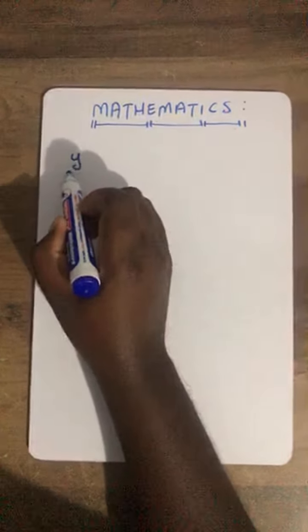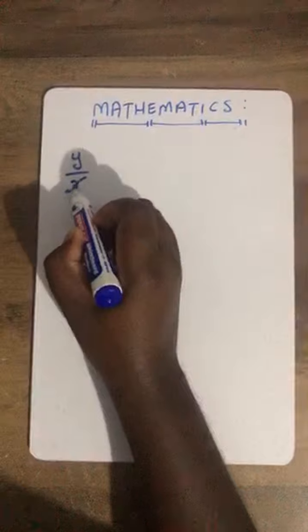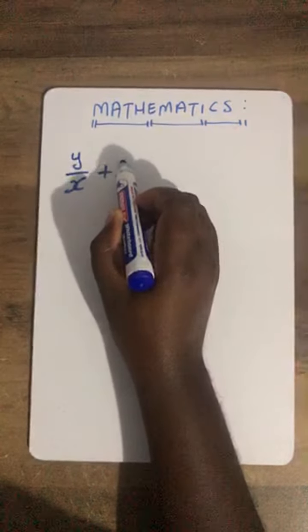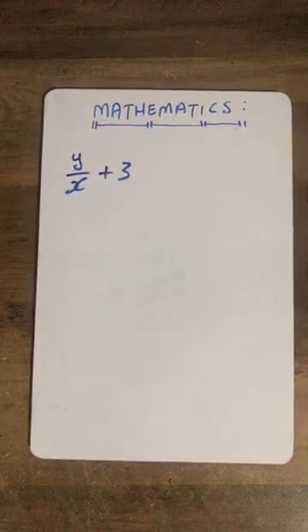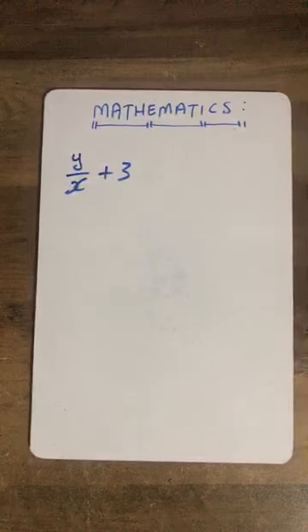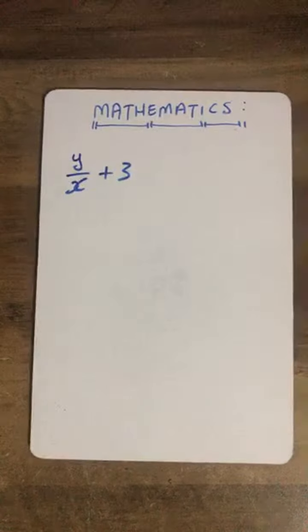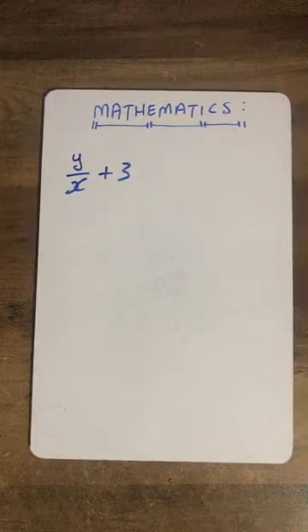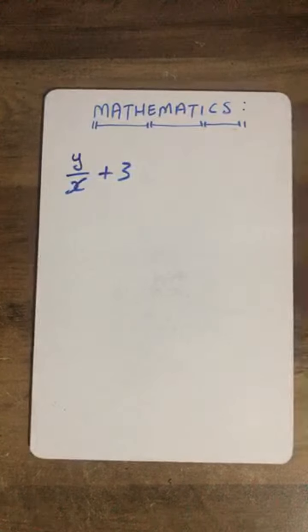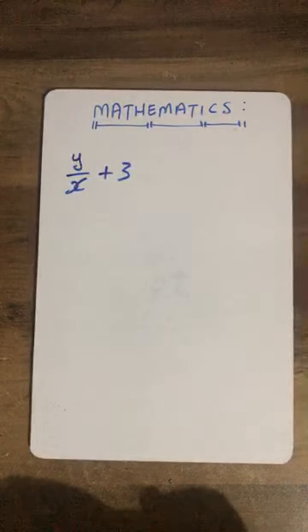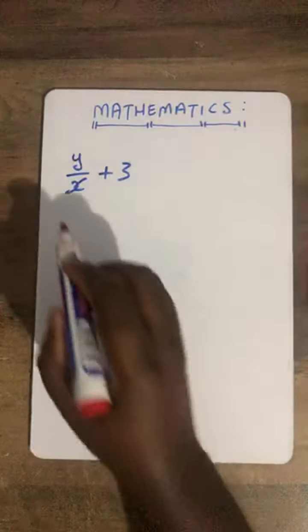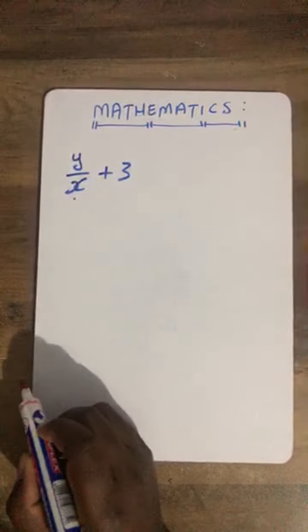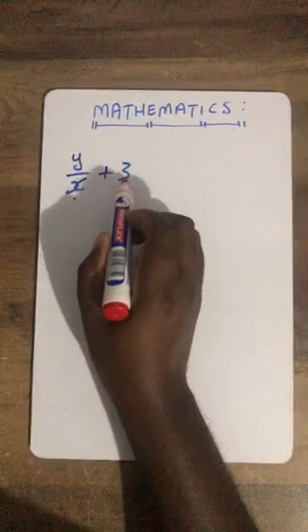Let's say maybe we have y divided by x plus, let's say 3. Mandlonke, trust me, honorable member, this one might look difficult to someone not knowing that when you have your first term as a fraction, you must also fractionalize this one.